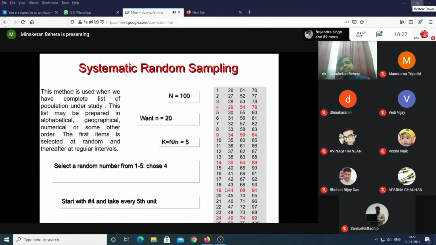Just look at the slide. Because if you select, suppose, 20, then you will not find the required sample of 20. So the first unit may be 1, 2, 3, 4, or 5. Basically, the first unit should be less than or equal to the class interval, which here is 5. That we call systematic random sampling.